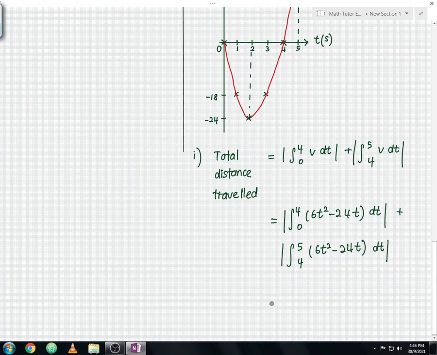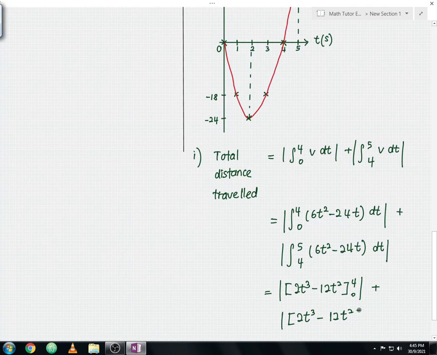So from here, you get modulus of square bracket 2t cubed minus 12t squared close square bracket with the limit of 0 to 4, close modulus, plus modulus of square bracket 2t cubed minus 12t squared close square bracket with the limit of 4 to 5, close modulus.